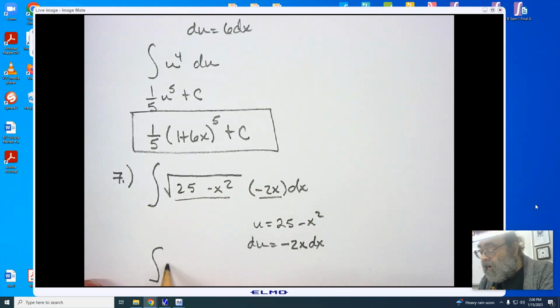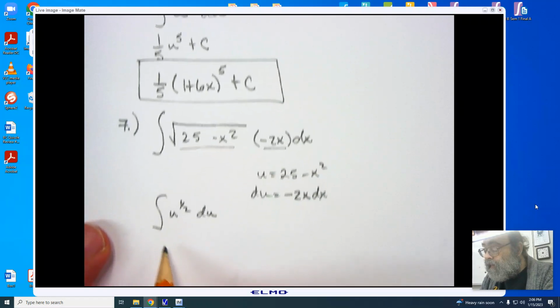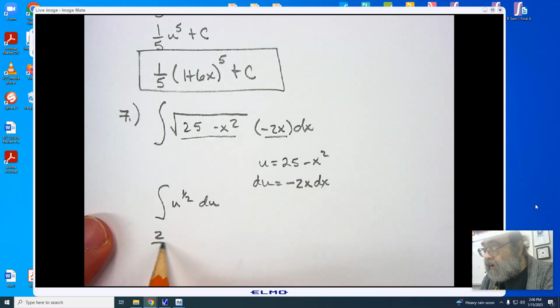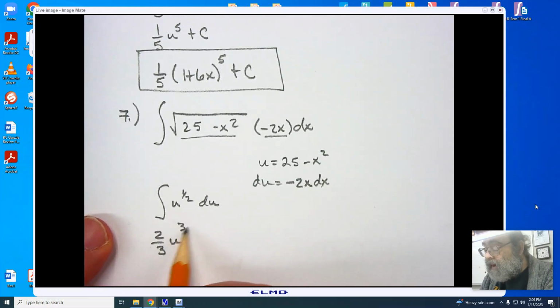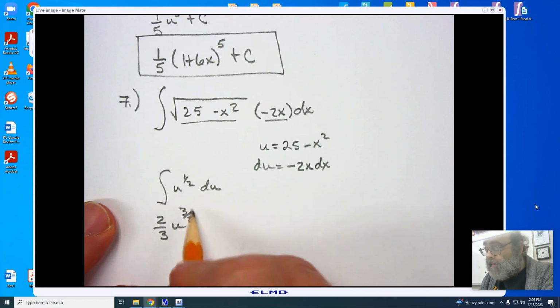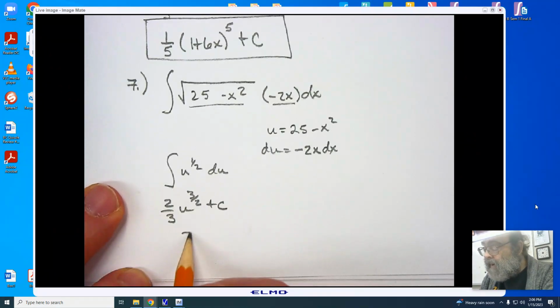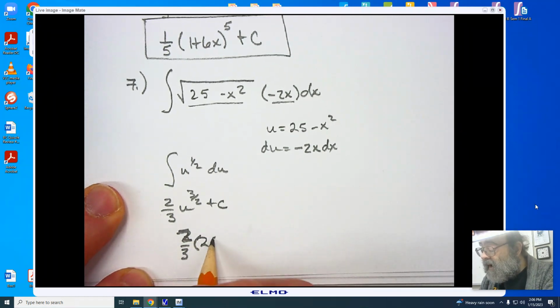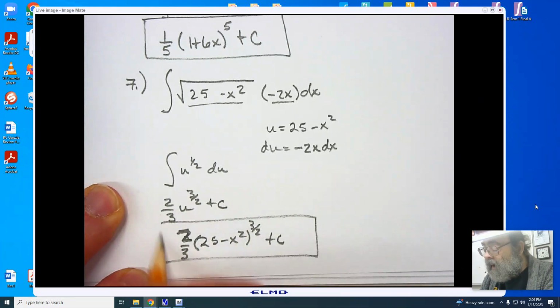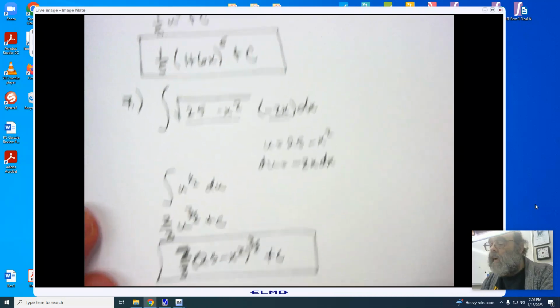We're now looking at u to the 1/2 power du, and I now get 2/3 u to the 3/2 power plus c, and I back substitute. 2/3, and I have 25 minus x squared to the 3/2 plus c. And there's my answer. Let's go ahead and continue with number 9.